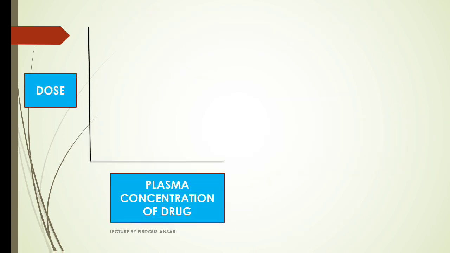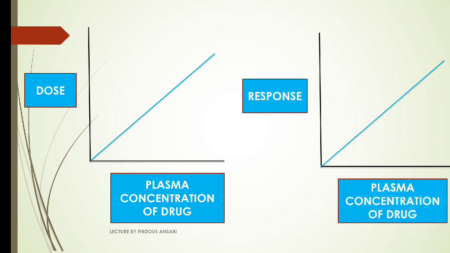Now when we make a graph taking dose versus plasma concentration, it may be linear, it may not be linear. So TDM does not depend upon this. If the dose versus plasma concentration curve is linear, we can apply TDM. If it is non-linear, then also we can apply TDM. So TDM does not depend upon the dose and plasma concentration relationship, but mainly relies on the response versus plasma concentration of the drug.